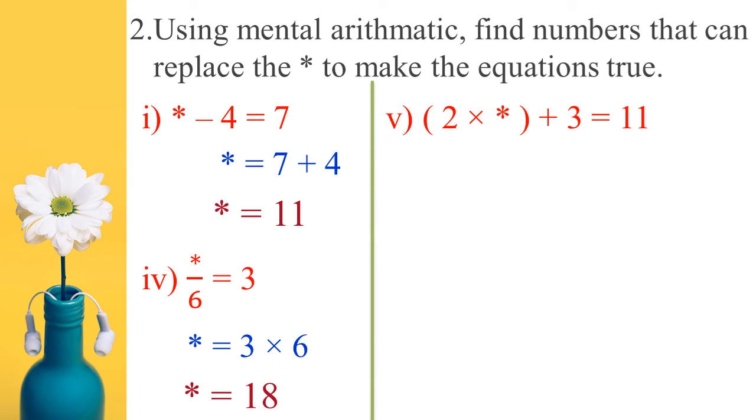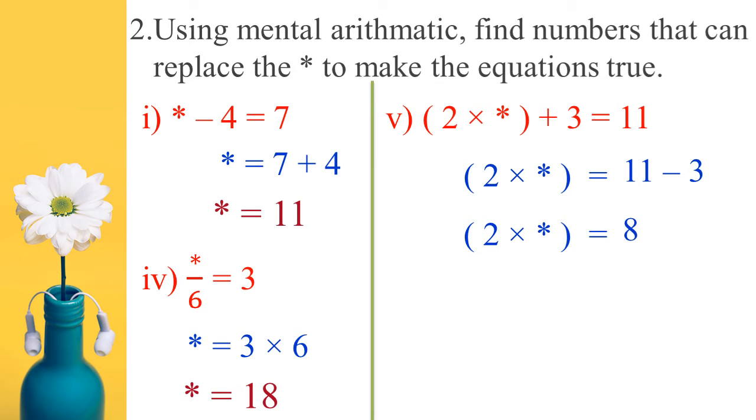The fifth problem, 2 multiplied by star plus 3 we get 11. So first move 3 to the right hand side. So we get 2 into star equal to 11 minus 3, because on transposing, plus 3 becomes minus 3.